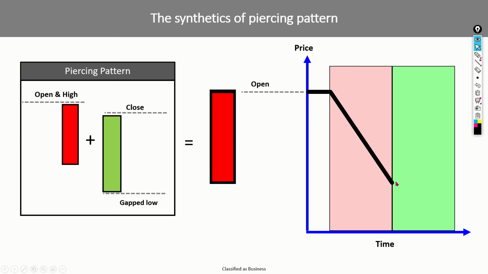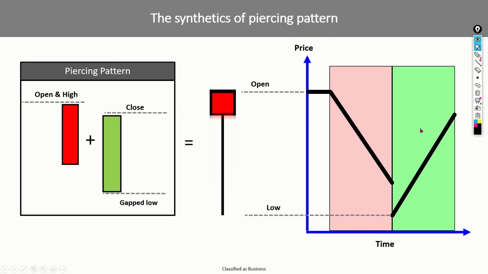Then the next day it opens at this low, then the candle goes all the way up and ends up closing higher. If you combine these two, it's a regular bullish pin bar. And remember from the last topic, this can have 70% or more on the shadow.